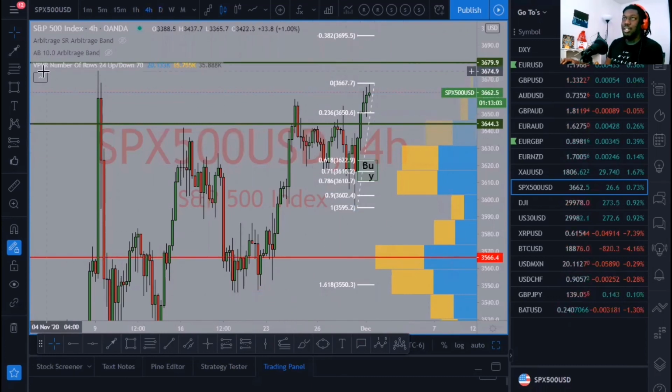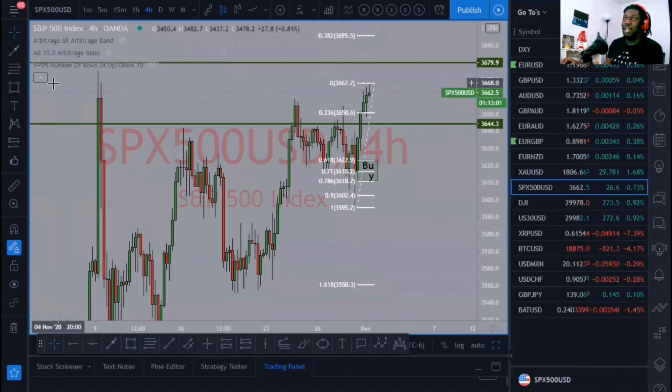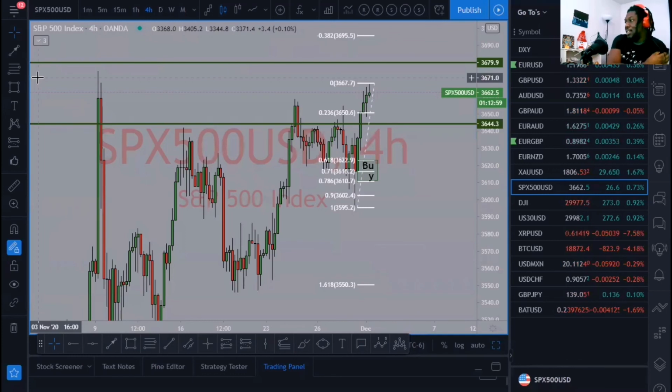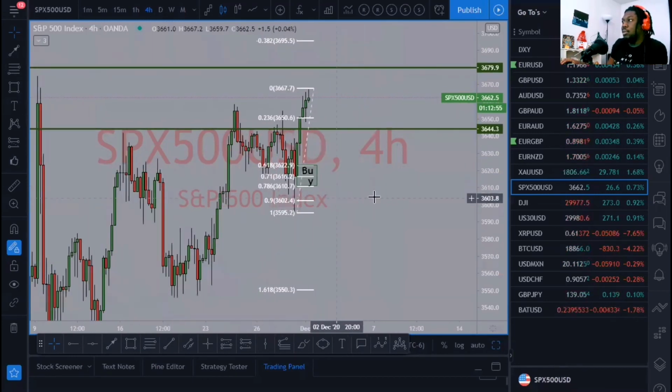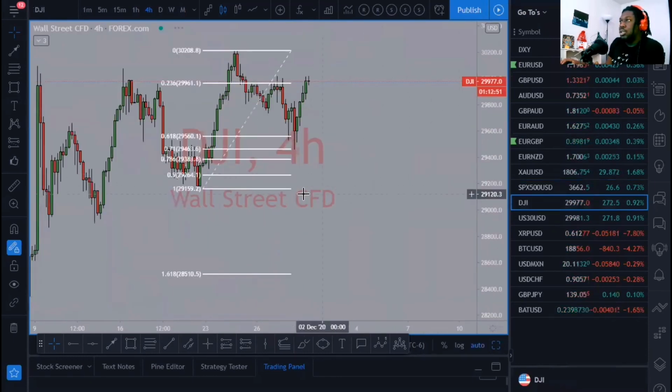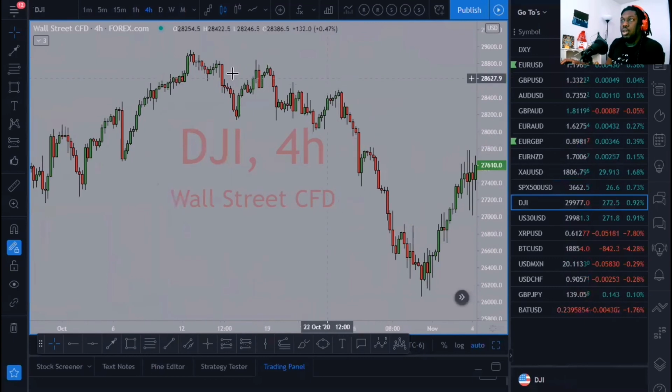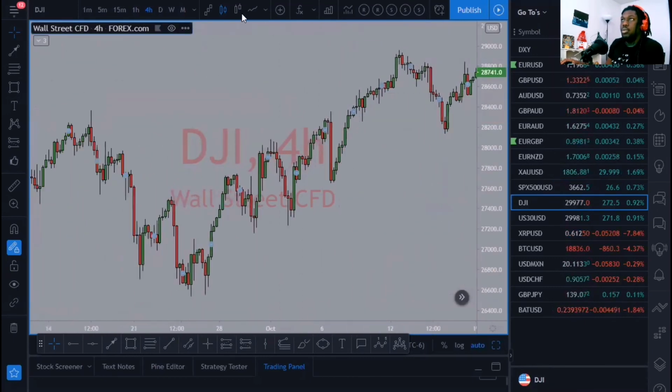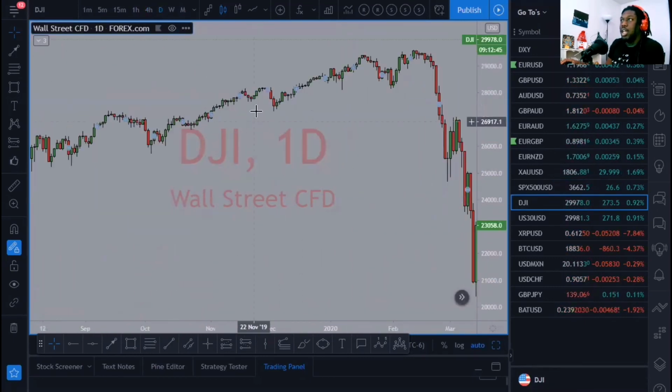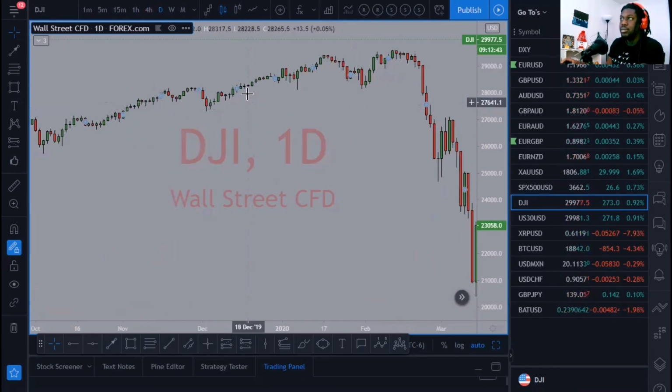Still, I'm not feeling the buys right now necessarily, but neither am I looking for sells. So that's for the S&P. Let's go to the Dow Jones, and let me show the Dow Jones when I was trading it last year.